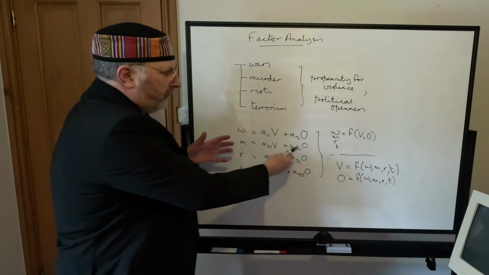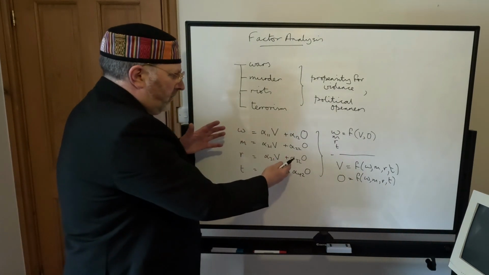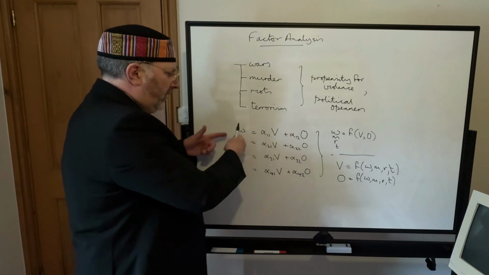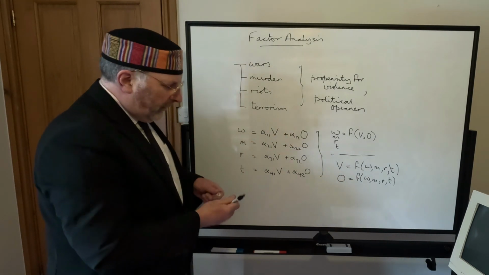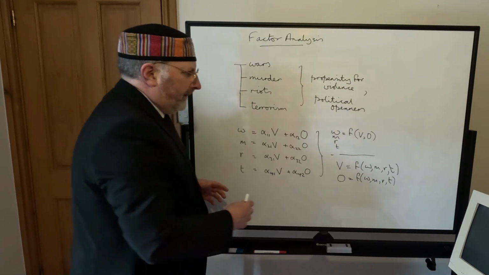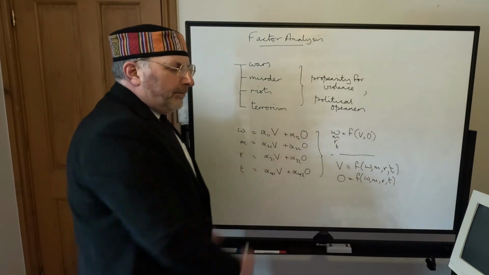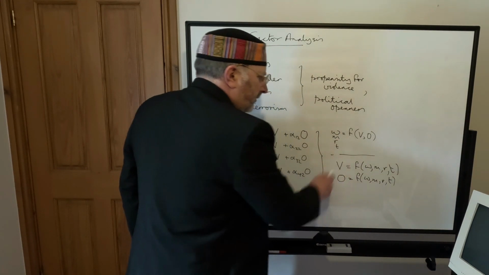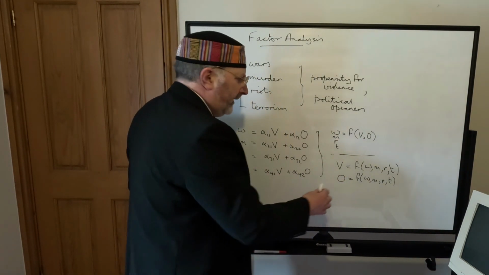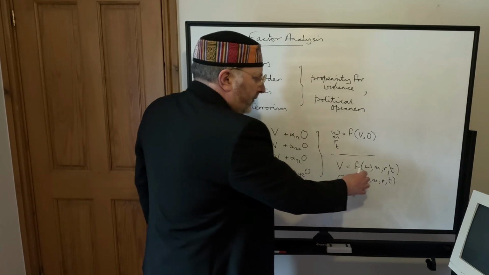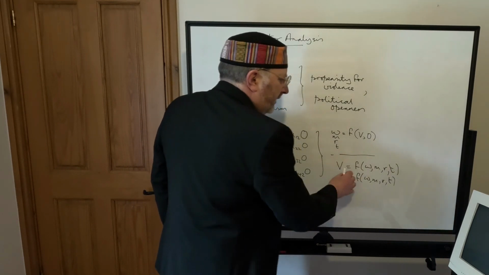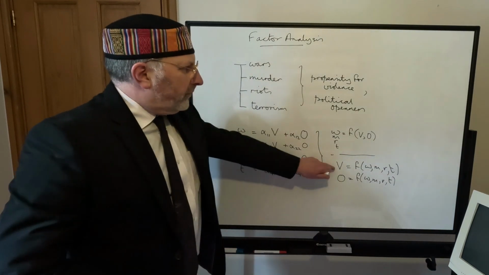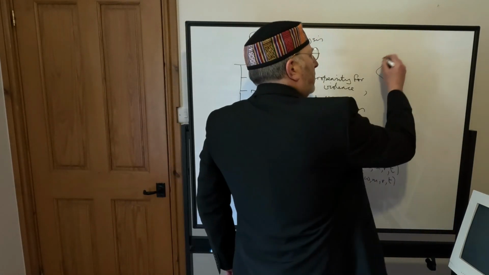So that's just a case of rearranging these equations to make V and O the subject of the equations in terms of W, M, R and T. So we just do it the other way around, and that's what we will ultimately be interested in finding: the coefficients that should go in front of W, M, R and T to describe V and O. So let me just double clarify that.